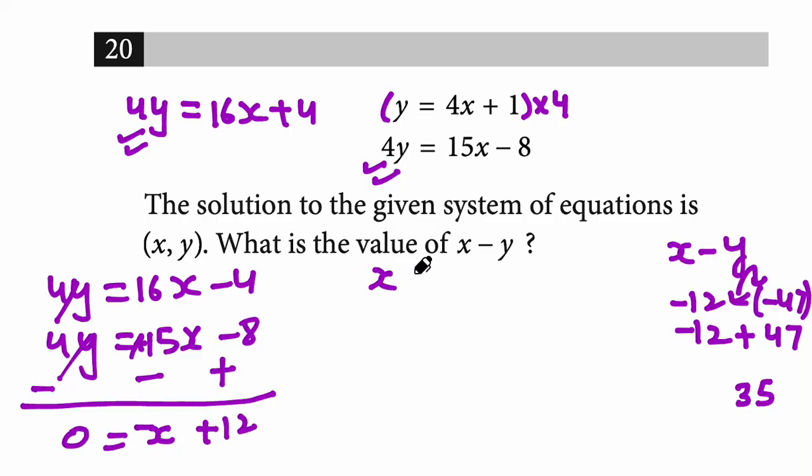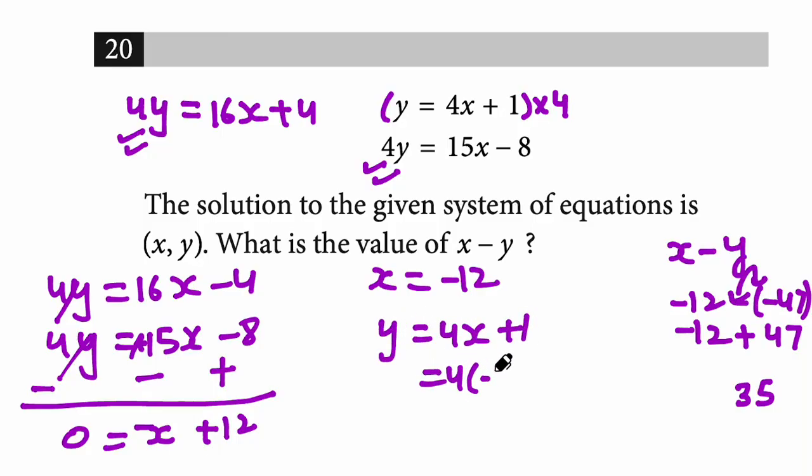So x is equal to negative 12. So you can choose any of the methods, right? Our purpose is to solve the question. And again, doing the same thing, plugging in x over here, 4 times negative 12 plus 1 is equal to negative 47. So we can calculate x minus y.